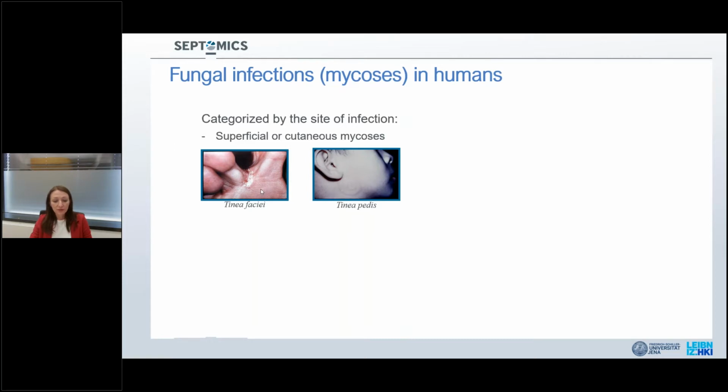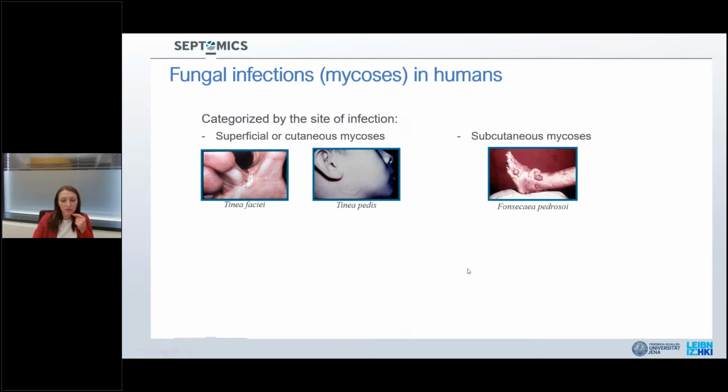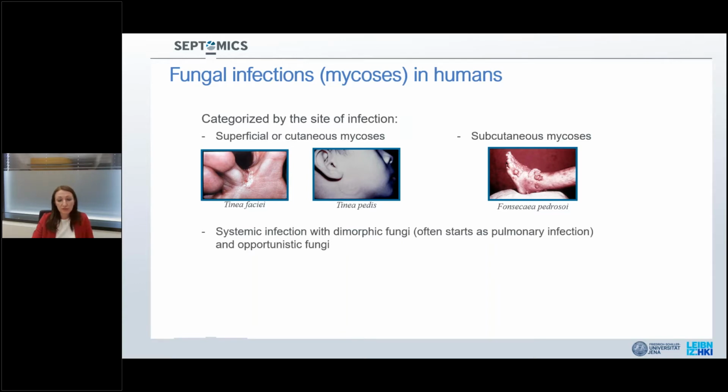However, they also can cause more severe, more aggressive infections, such as subcutaneous infections, as shown here with chromoblastomycosis, and also invasive, life-threatening, and often deadly infections that are caused by dimorphic and opportunistic fungi.